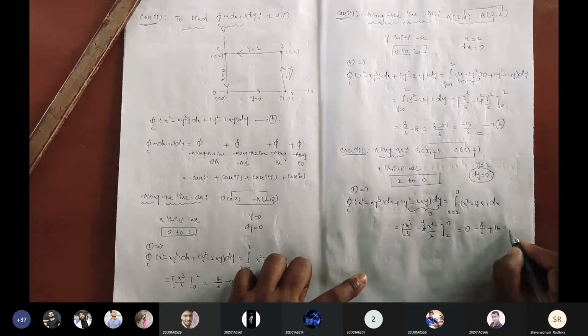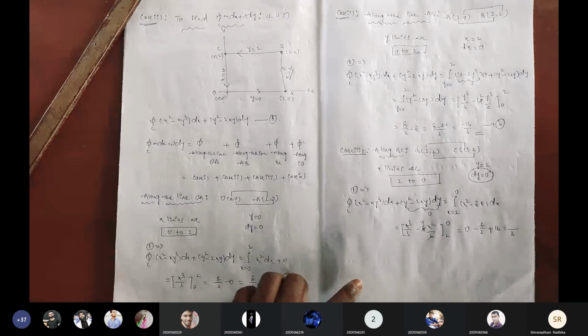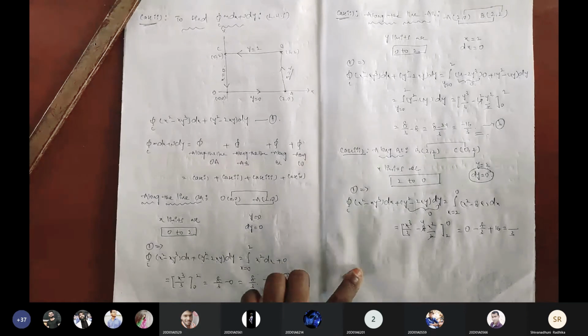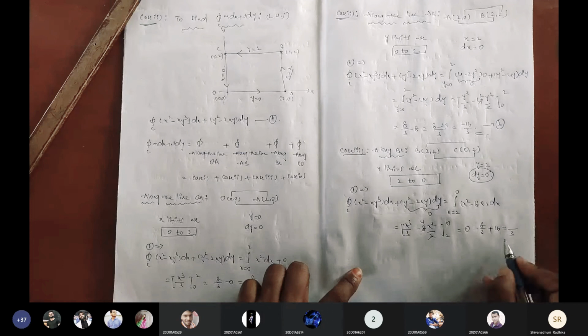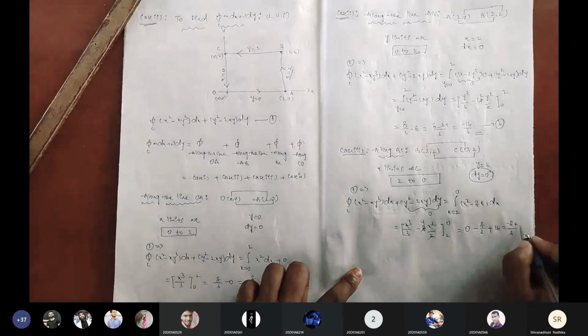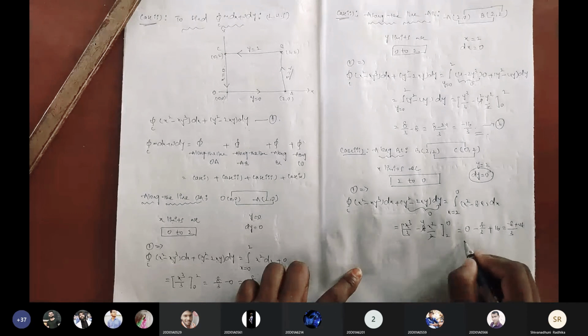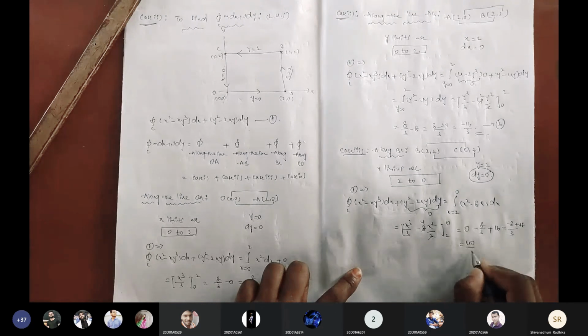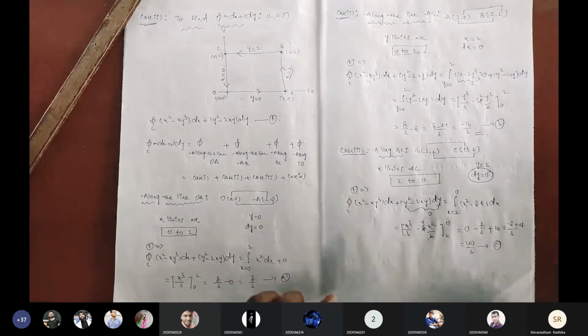The LCM is 3. Minus 8 plus 48, that is 40 by 3, right? 40 by 3. See, this is small c.